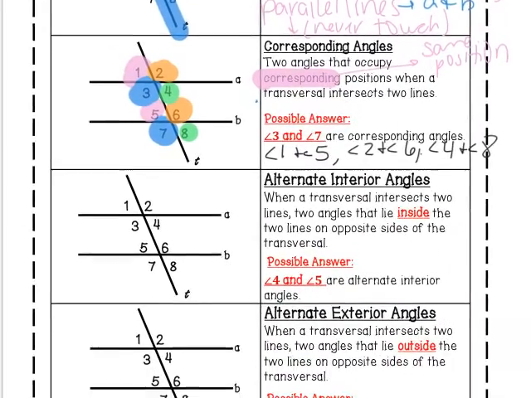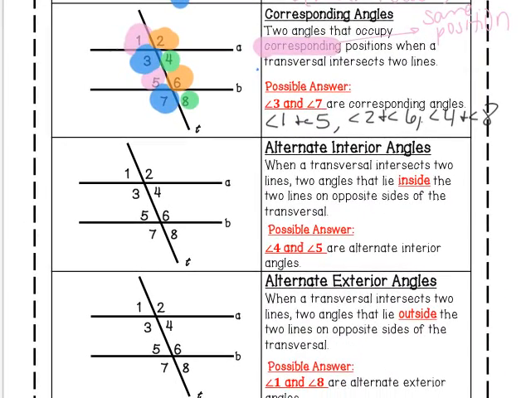All right, and then alternate interior angles. That's basically what it sounds like. When a transversal intersects two lines, two angles that lie inside the two lines on opposite sides of the transversal. So 4 and 5 are alternate interior. Okay, so if we look here, this whole section inside the parallel lines is going to be this part here.